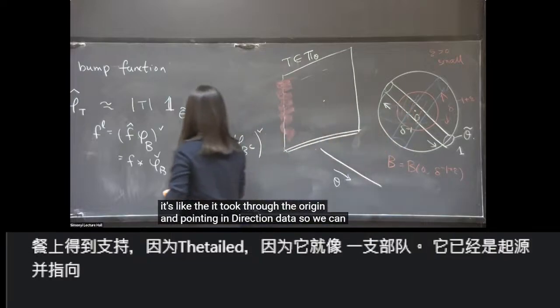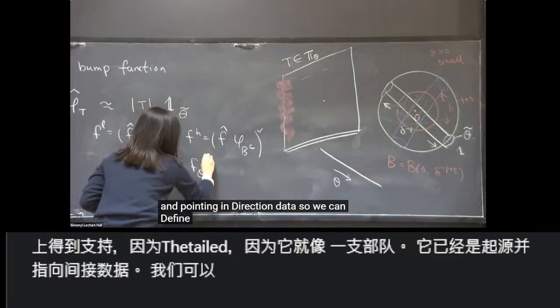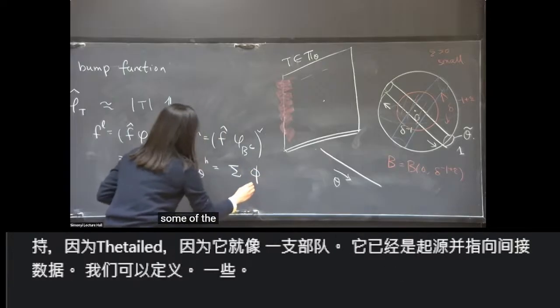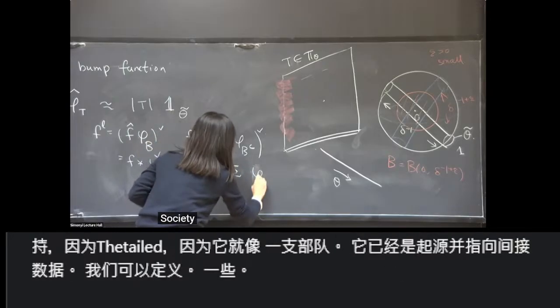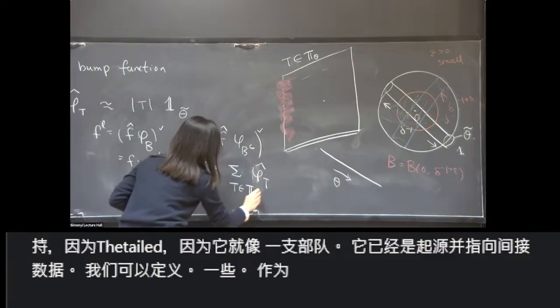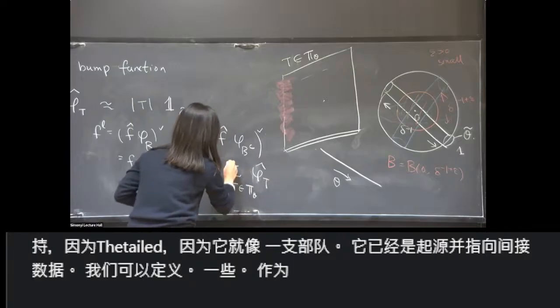So we can define f theta as the sum over t, where t is in the same direction.